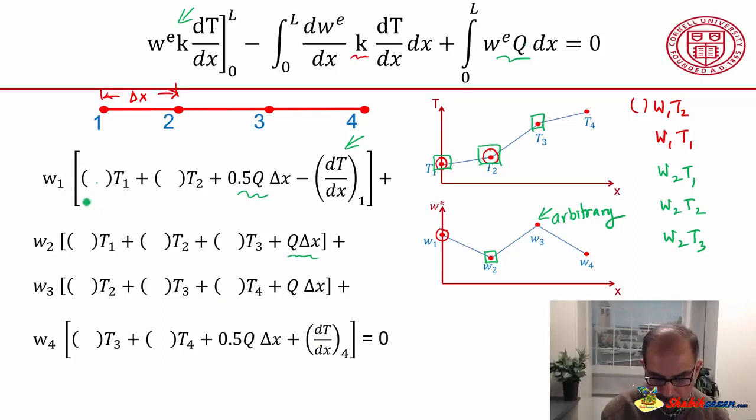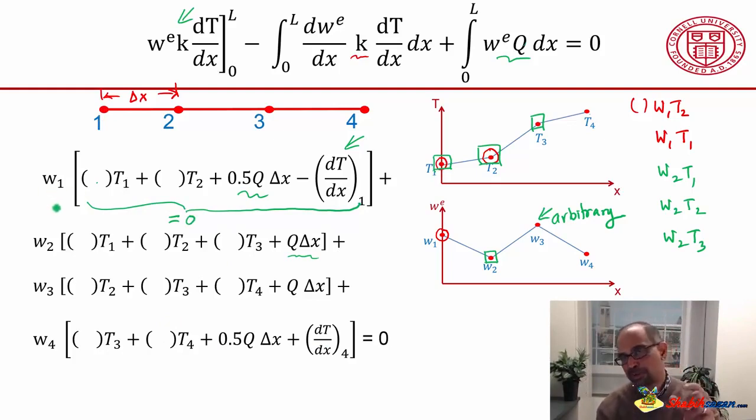Since W1 is arbitrary, I will set that equal to 0. And that gives my equation at the first node. So whatever multiplies W1, these terms will contribute to the equation at the first node. Whatever multiplies W2 will contribute to the equation at the second node, and so on.